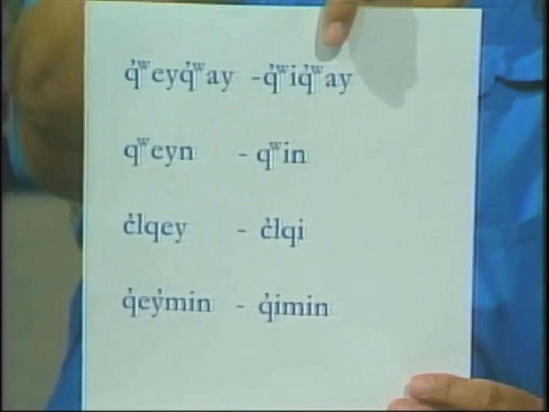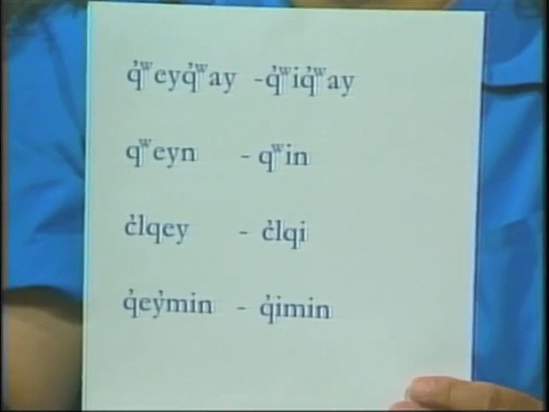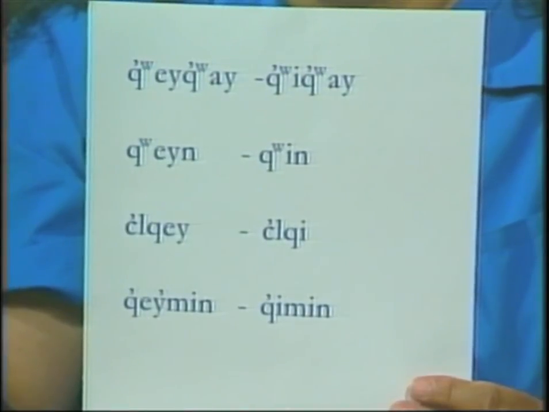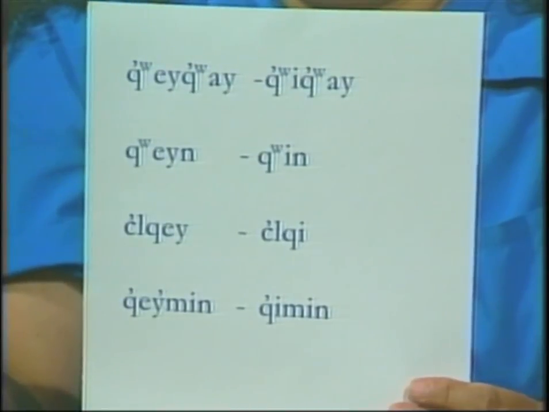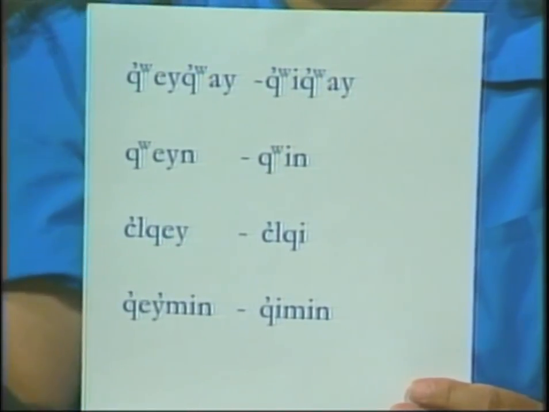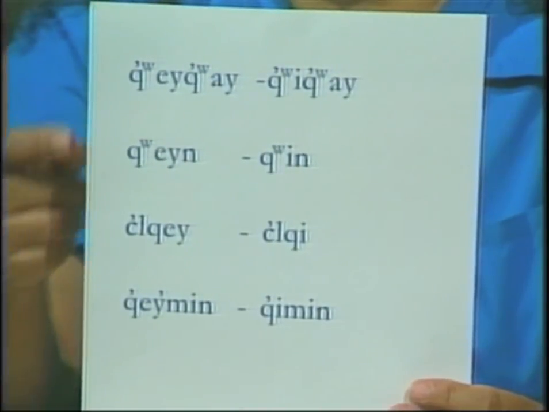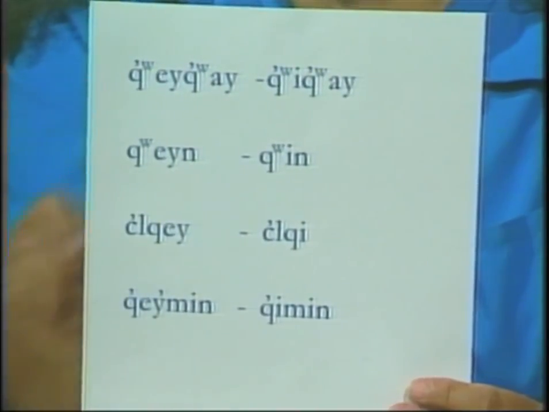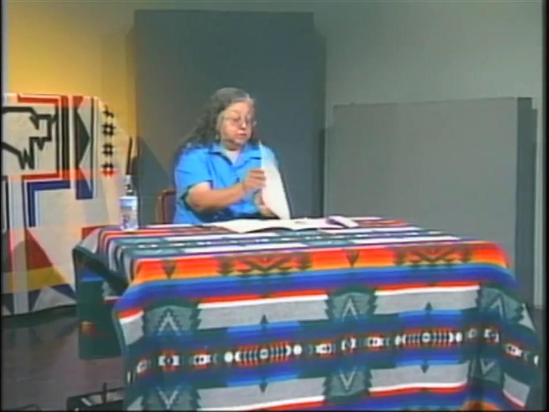If you say it like this, it'd be many black things that would be changed. Kwai, kwai, many black things. Or several black things. More than one black thing. So we'd really like to get that straightened out. So that's a concern I have about that in writing the language.